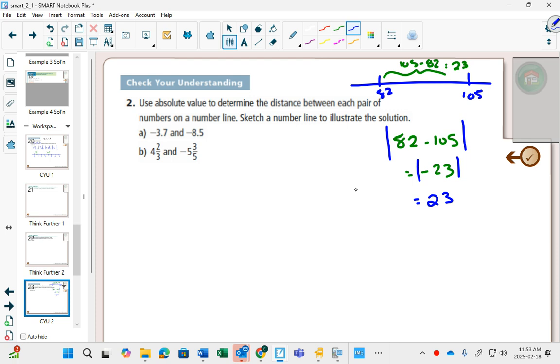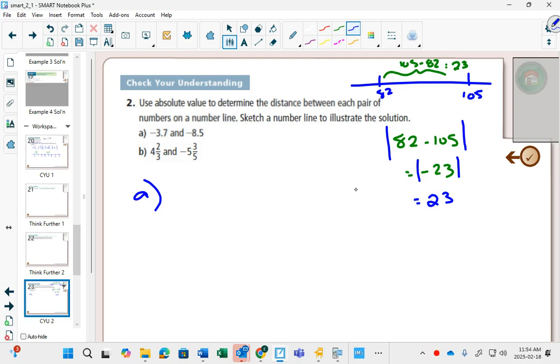Because sometimes you can do it in the wrong order if the numbers are tricky looking. And usually when they get tricky looking, it's with negative numbers, as in part A. When you see 8.5 and 3.7, I know there's negatives in front, but our brain sometimes goes, oh, negative, I'm not going to worry about that right now. Your brain might go, 8.5 looks bigger than 3.7.